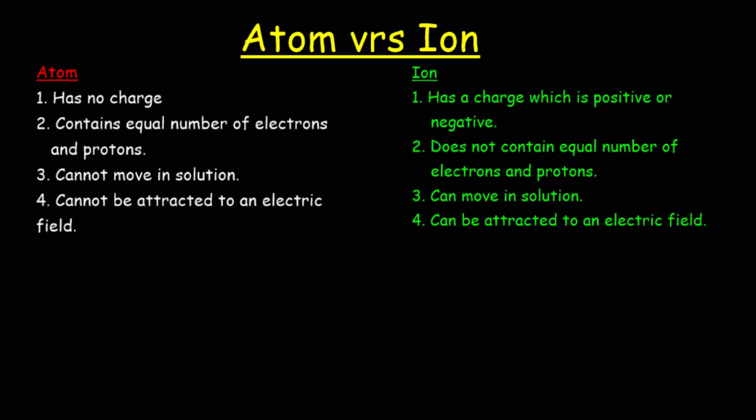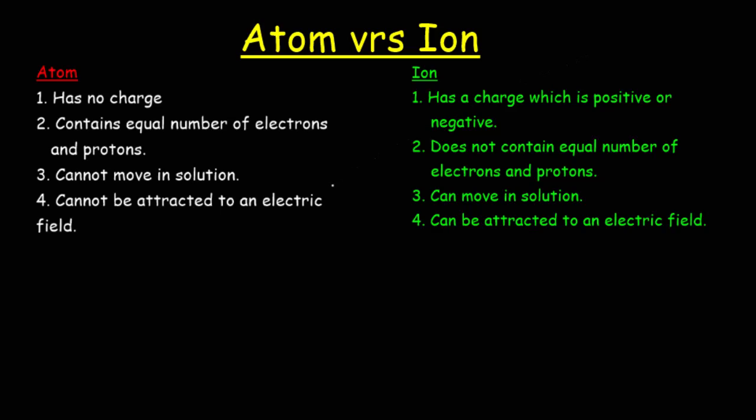I have made a video on the building blocks of matter where I explained that the atom, ion, and molecule are the building blocks of matter. You can go through my videos on my channel and see building blocks of matter, where I've explained atoms, ions, and molecules in detail. But today we are looking at the differences between atom and ion.